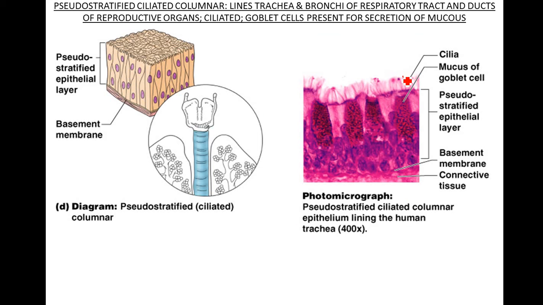Remember, E stands for epithelium. Okay, so here's your cilia. Hey, if this is a cilia, and you also have this structure called a goblet cell, is this going to be mucosa, serosa, cutaneous? Look at the location. Mucosa.